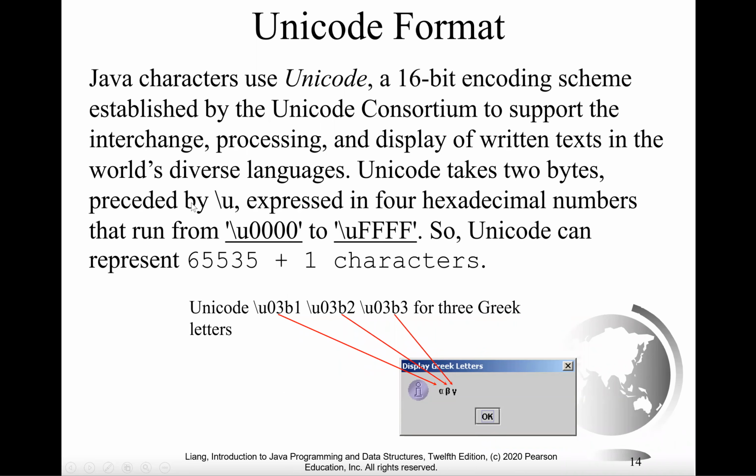Unicode takes 2 bytes, 4 hex characters, preceded by \u. For example, you have Unicode characters for Greek letters: 03B1 for alpha, 03B2 for beta.